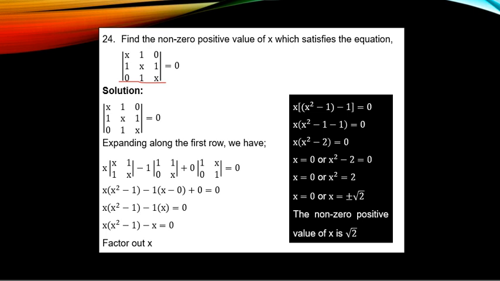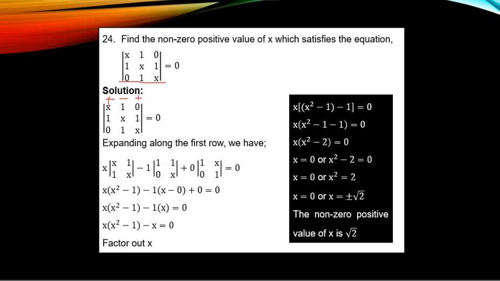One thing we must do here is to expand, and we want to expand along the first row. The checkerboard sign there: the first entry will take positive, second entry negative, and the third entry is positive.